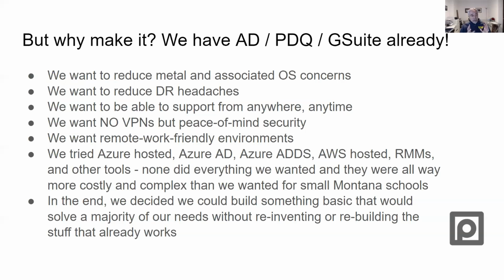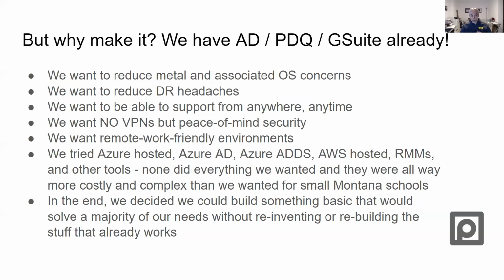And so with these objectives, we started looking at the best practices tools that were at our disposal. Azure hosted AD servers, so virtualizing in Azure. We looked at Azure AD, we looked at Azure ADDS, Active Directory Domain Services.